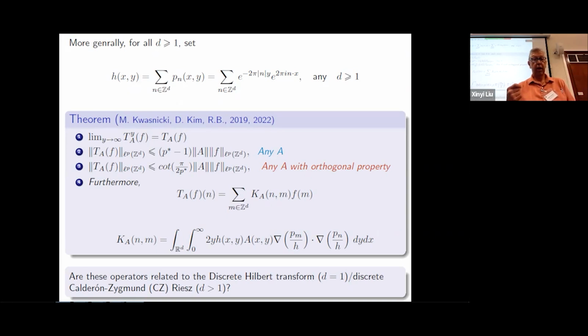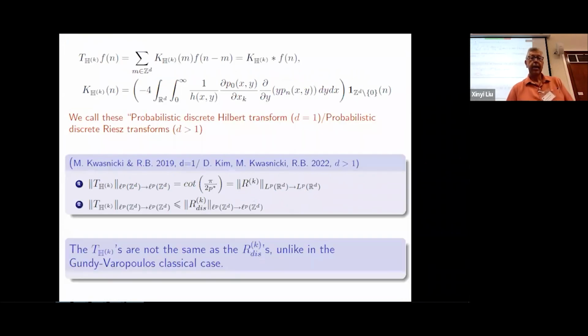Are these operators related to the discrete Hilbert transform when d equals 1, or the discrete Calderon-Zygmund when d is bigger than 1? So, of course, the thing to try is the matrices that we were lucky enough to use the first time, to get back the Riesz transforms.